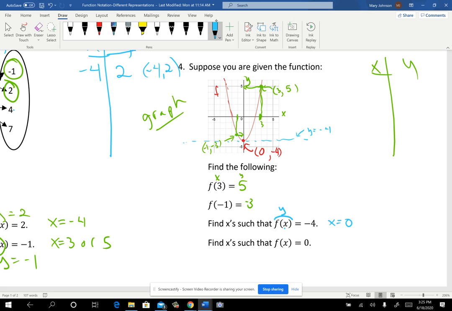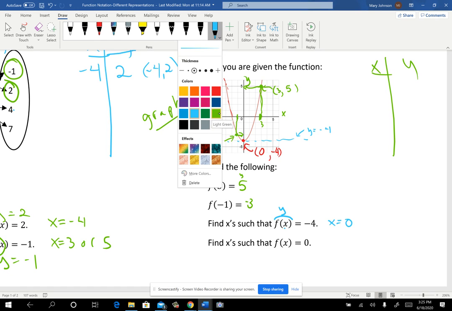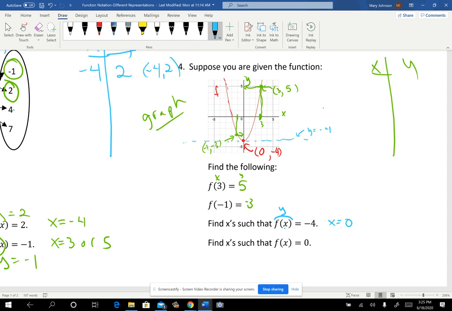Now the last one says find the x's that make f of x equal 0. So f of x equals 0. So that's the y equaling 0. That would happen anywhere you're here. All of those have a y equal to 0. So before, that was the only point that had a y of -4.